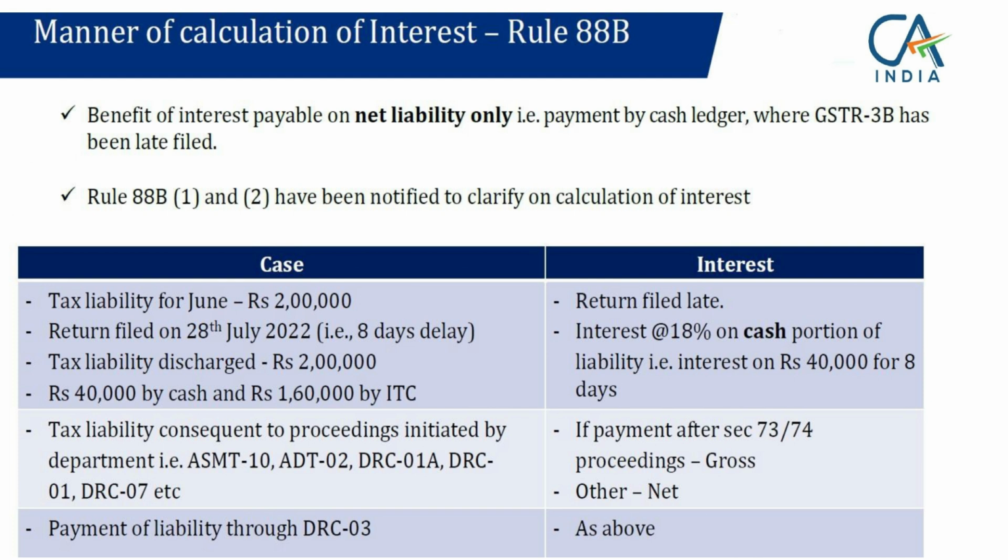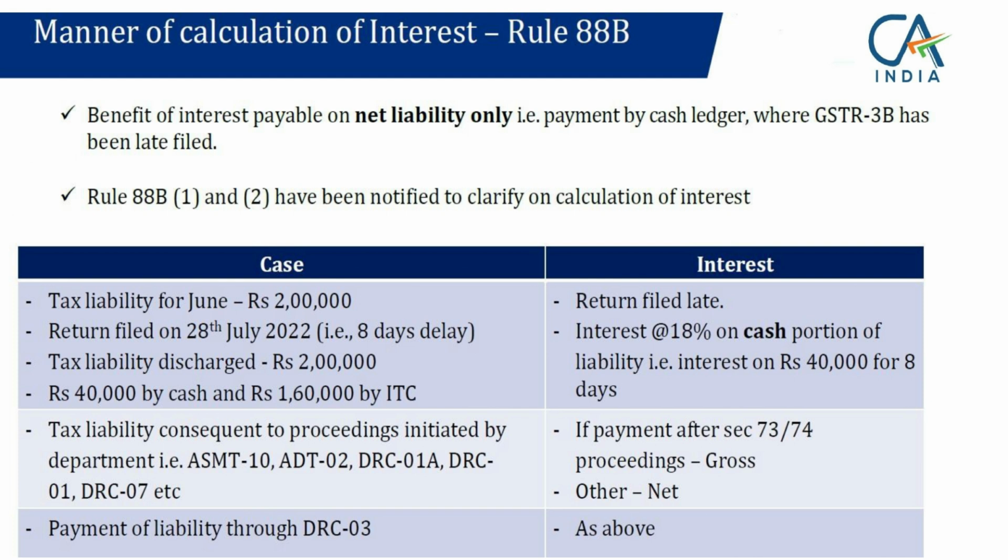Adjudication has not started yet. Show cause notice has not been issued. I'm talking about DRC-01A. So at that point in time, if I am making this particular payment, can I take the benefit of gross tax liability or net tax liability? Sir, net tax, yes.